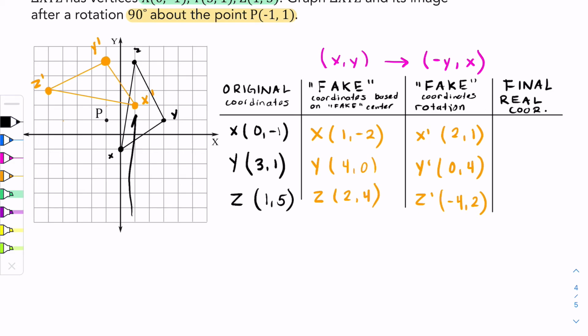For point X, based on the original center of origin, X prime is at 2, 1. I wrote that backwards. Oh, my bad. 1, 2. Point Y is at -1, 5.